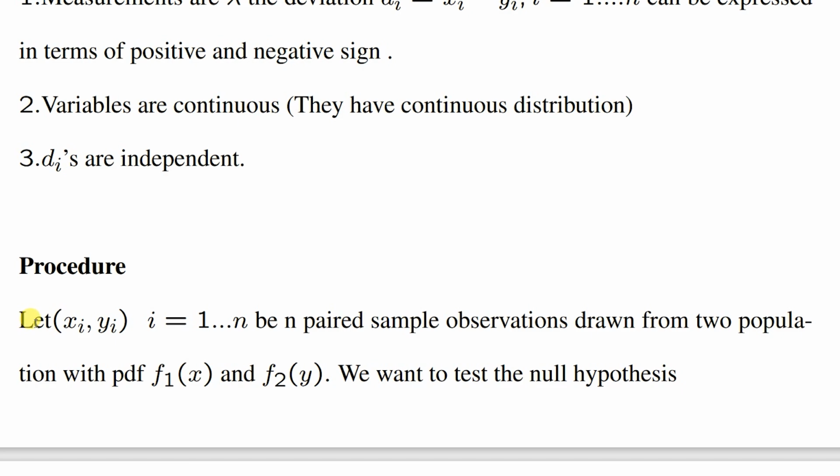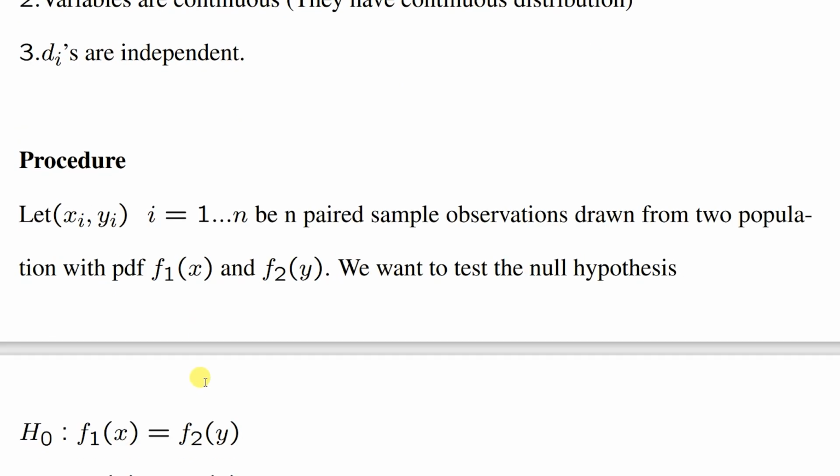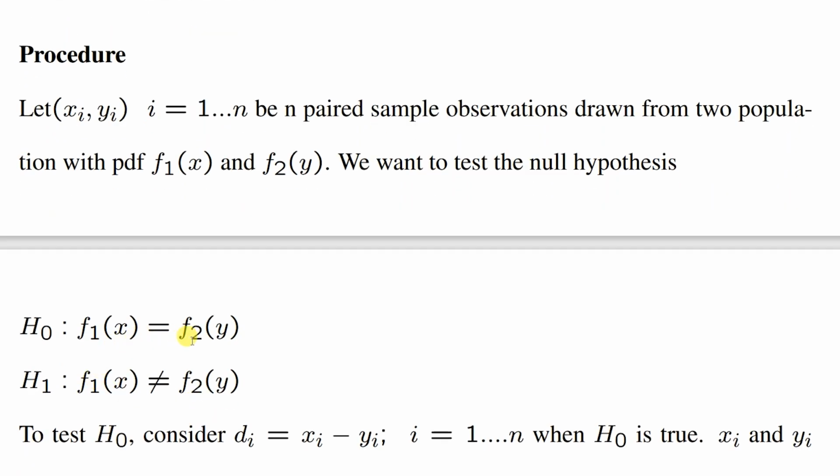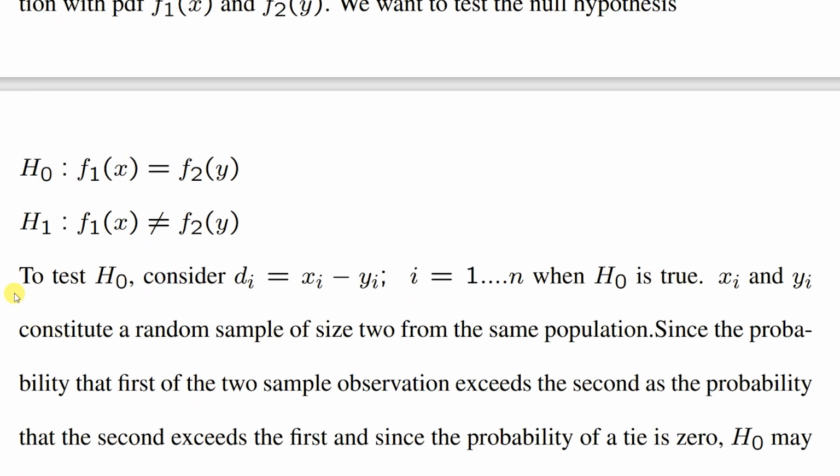The procedure for the sign test is as follows. Here we consider (xi, yi), the pairwise observations, i takes the value 1 to n, be n paired sample observations drawn from two populations with the PDF f1 of x and f2 of y. We want to test the null hypothesis H0: f1 of x is equal to f2 of y, and the alternative hypothesis H1: f1 of x is not equal to f2 of y. Under the test statistic, we have to test H0.